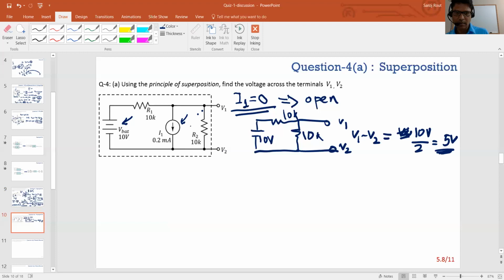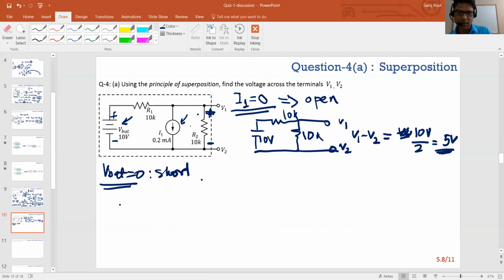I'm assuming a direction, where this is positive and this is negative. You can assume the other way too, that's fine, but you just arbitrarily choose one, and because I have my VBAT in this direction, I'm choosing that direction. Now we'll make VBAT equal to 0. That's the battery voltage equal to 0. Now for a voltage source, what is that? That's a short, right?